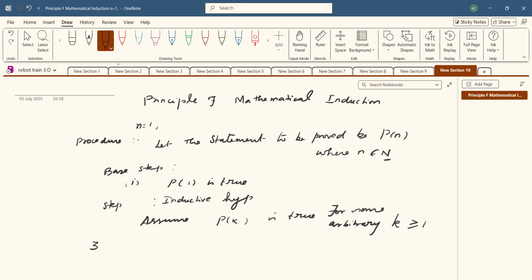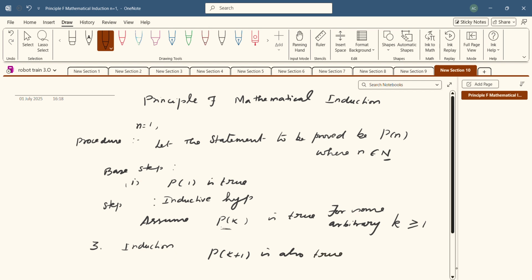Step number 3, the inductive step. Here we use the assumption that P of k is true, and we prove that P of k plus 1 is also true.